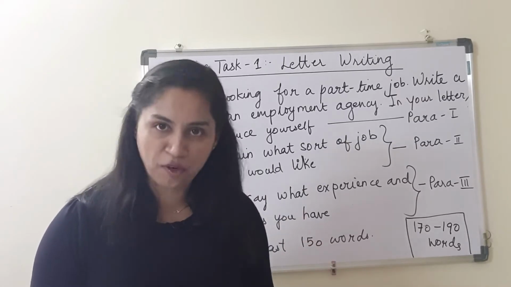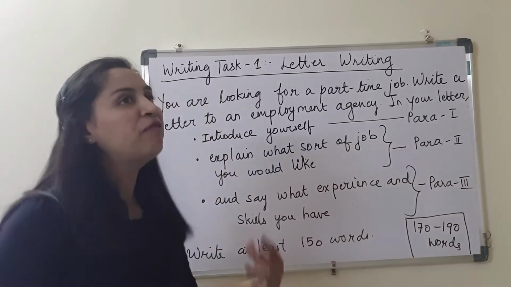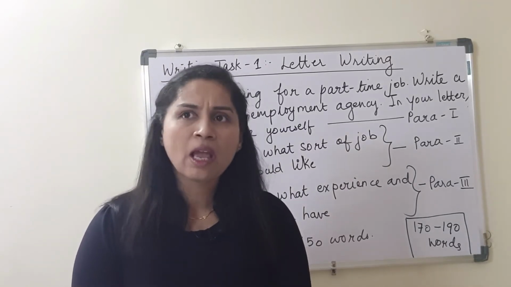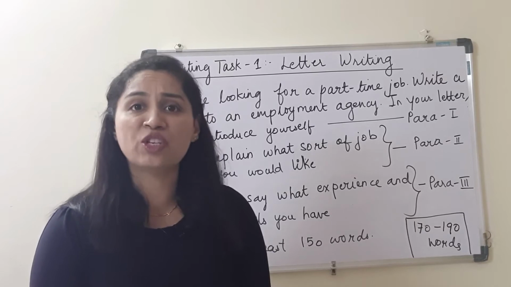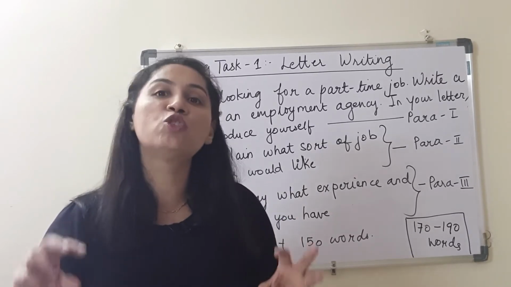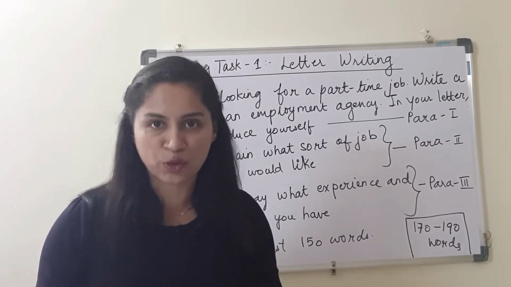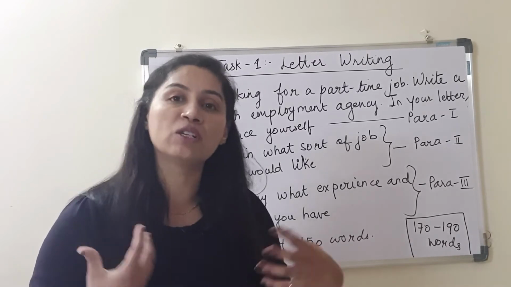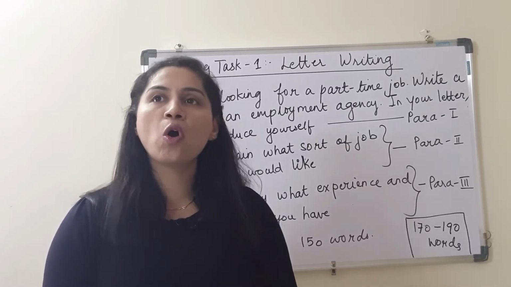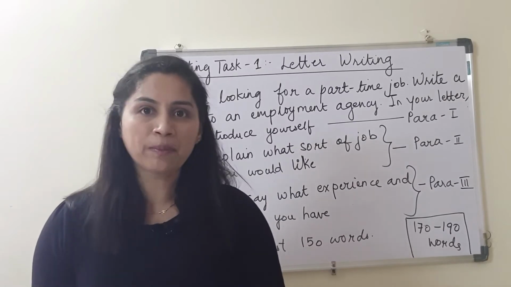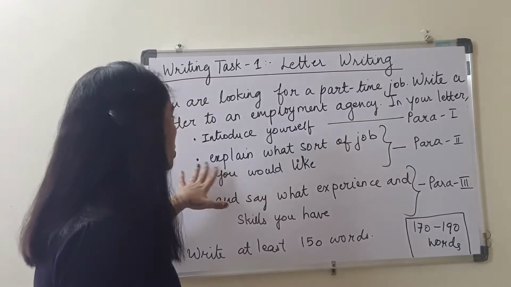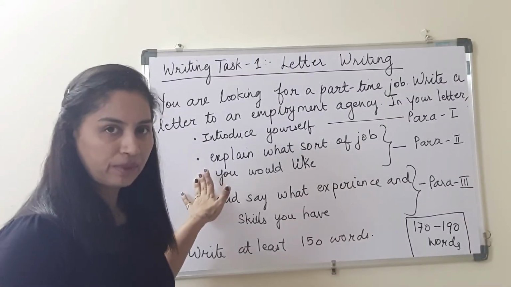For example, if I have completed a BA with English, I would prefer a teaching job, and I would also give my preferences for workplaces, whether I prefer a school, a training center, a coaching center, or an academy. All this sort of information we have to describe in this paragraph.